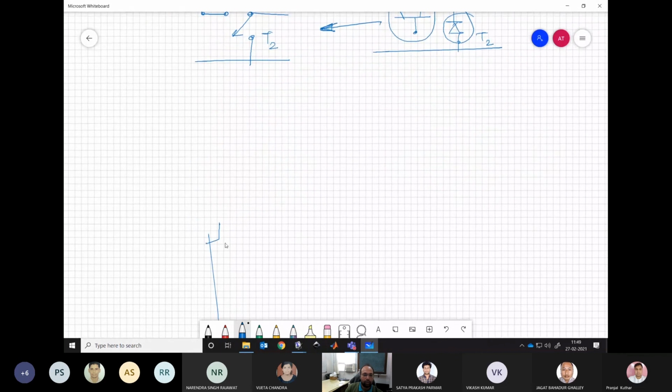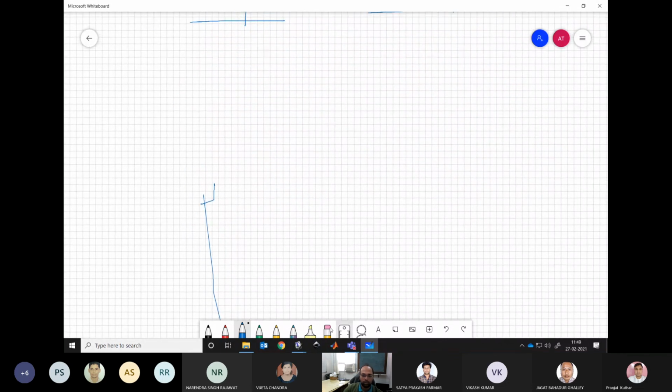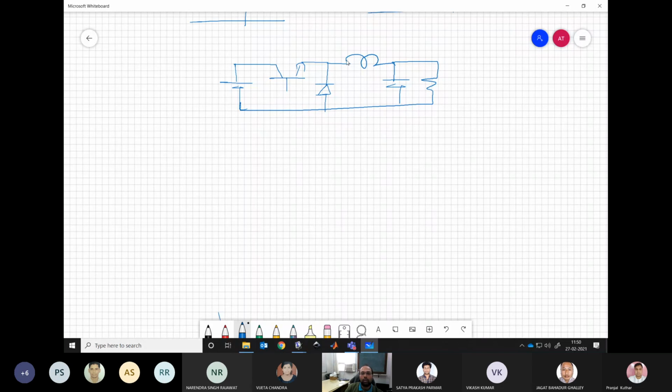So this is how we have seen the famous buck converter circuit. These are the steps through which this is realized.